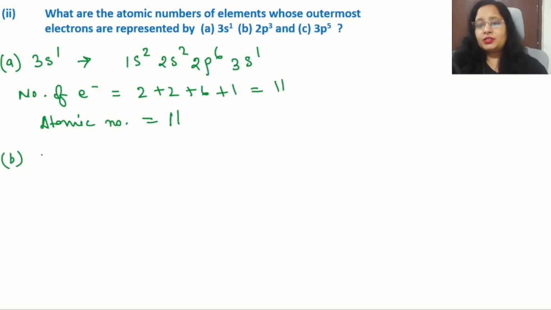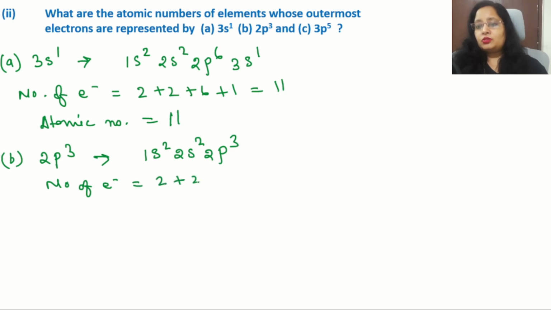The configuration given is 2p3. To reach this configuration we need to write the full configuration 1s2, 2s2, 2p3. Now the configuration is finished. Now count the electrons. So number of electrons is equal to 2 plus 2 plus 3. Whatever is written here, 1s2 means 2 electrons are in 1s.